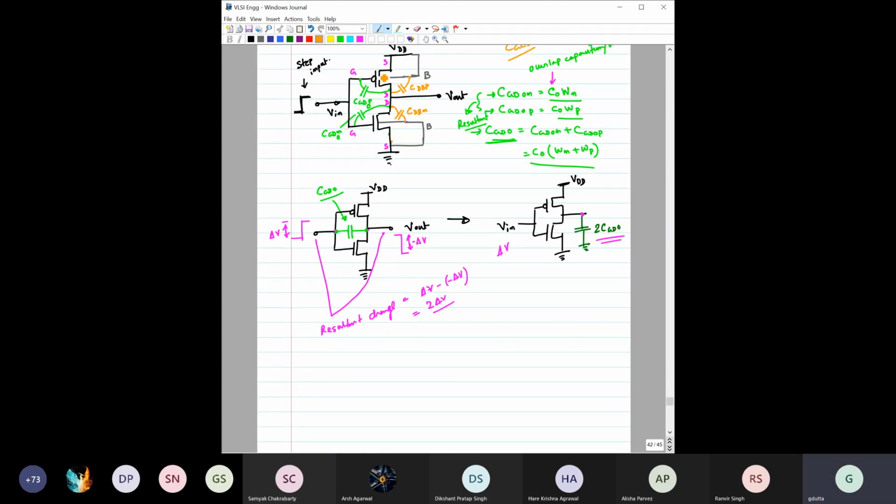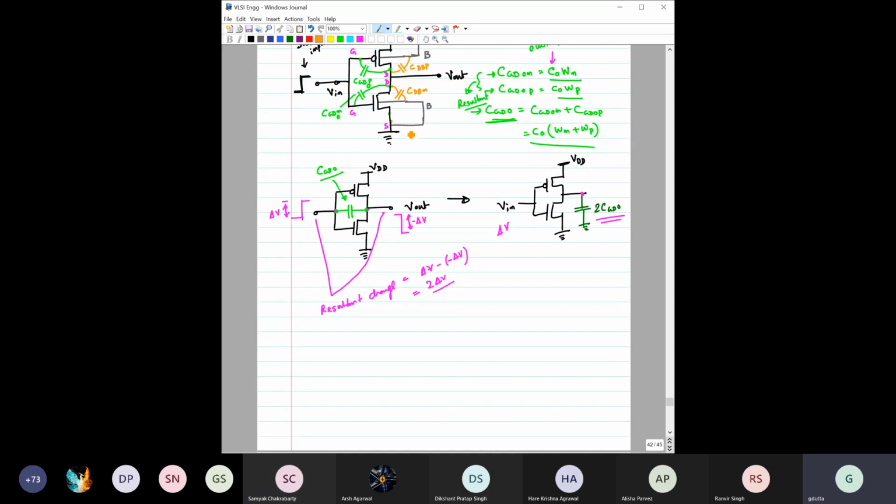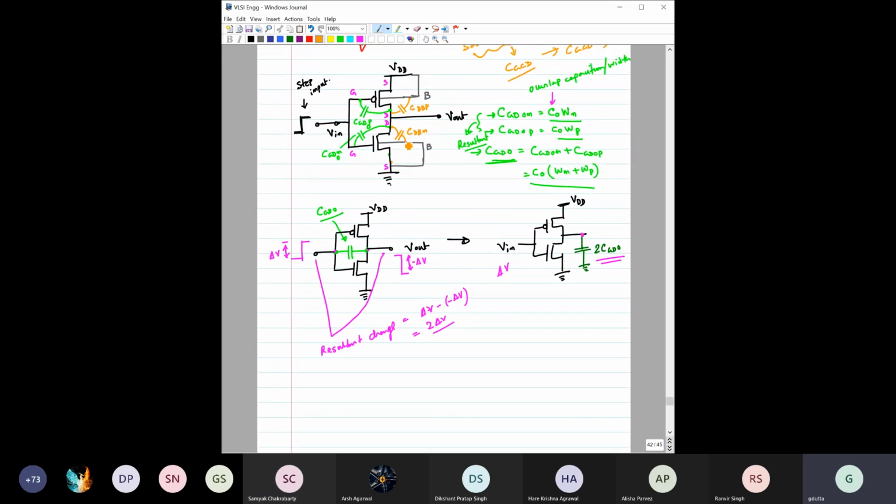Okay. So if this is clear to you, could you please help me in writing this: what is the C self? This means the self-loading capacitance. What would be the total self-loading capacitance?